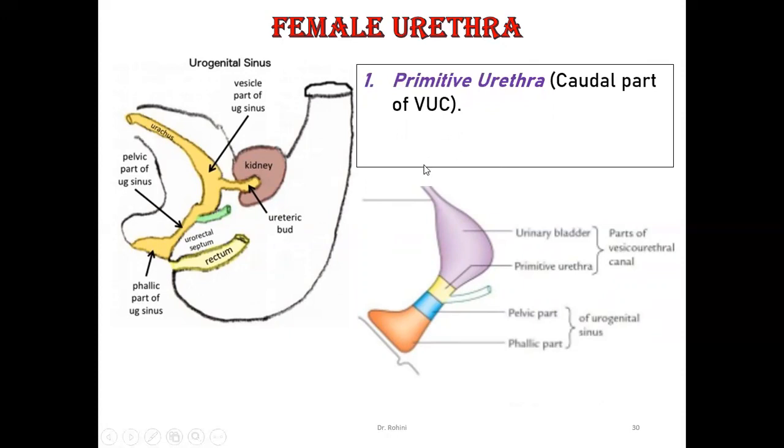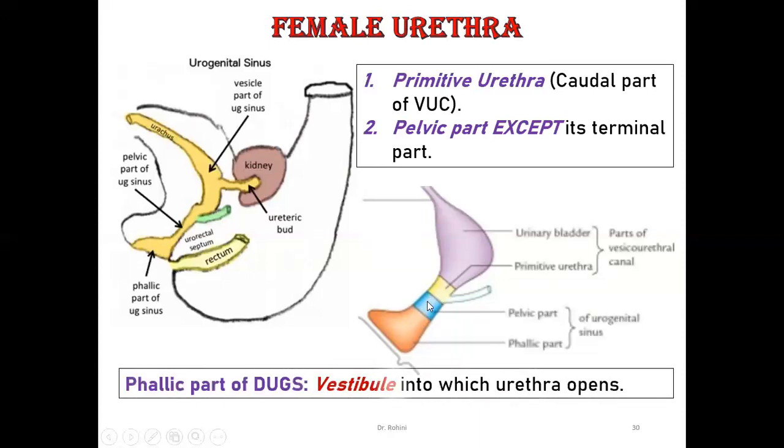It has two origins: first, the primitive urethra, and second, the pelvic part of the urogenital sinus except its terminal part. The female urethra develops from the primitive urethra, the caudal part of the vesico-urethral canal, and from the upper part of the pelvic part of the definitive urogenital sinus. The phallic part of the definitive urogenital sinus will form the vestibule into which the urethra opens in females.